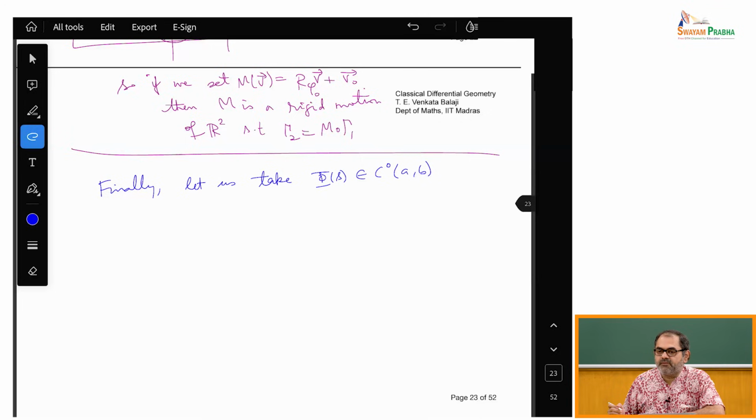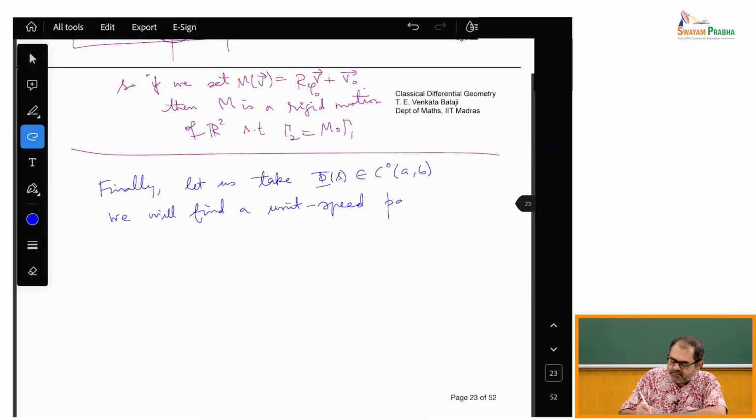We will find a unit speed parameterized curve gamma equal to gamma of s, s belonging to AB, such that the sine curvature of gamma is actually capital phi.